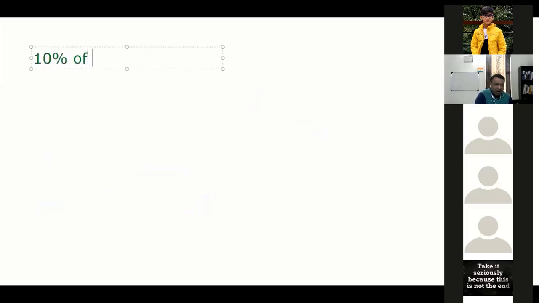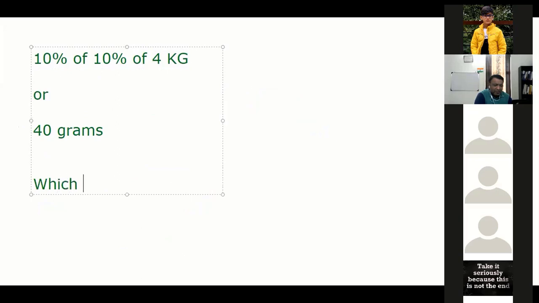10% of 4 kilograms or 40 grams, which is more? 10% of 4 kilograms or 40 grams, which one is more?